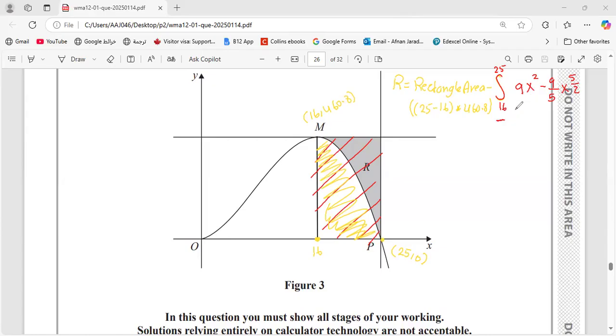To integrate, just add 1 to the power over the new power. So it's 9x to the power of 3 over 3 minus 9 over 5 multiplied by x to the power of 7 over 2, divided by 7 over 2.